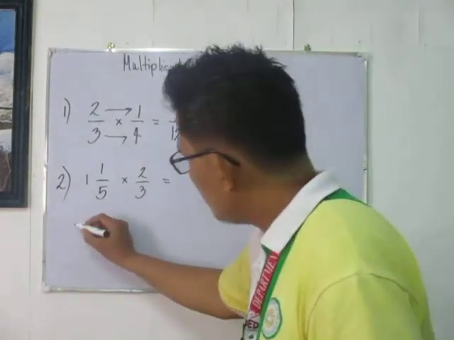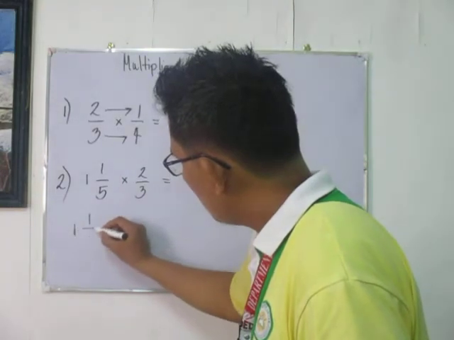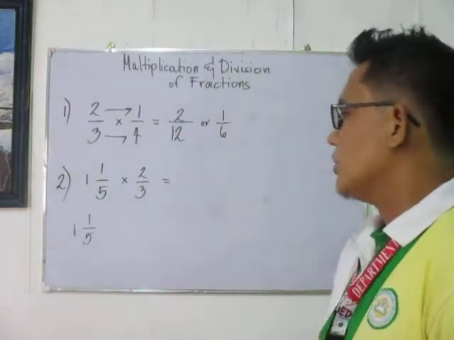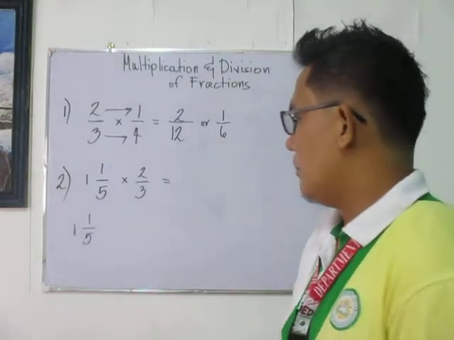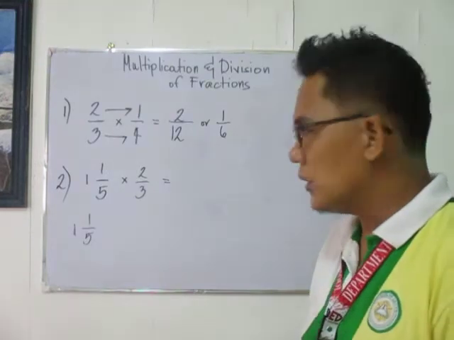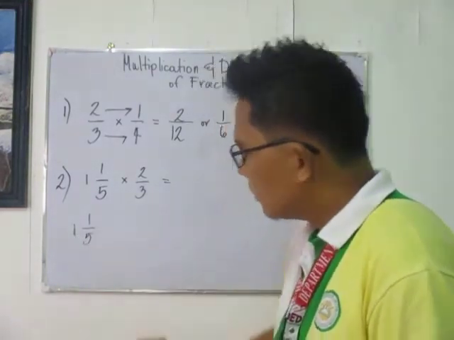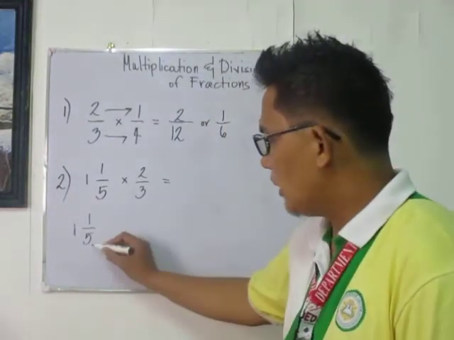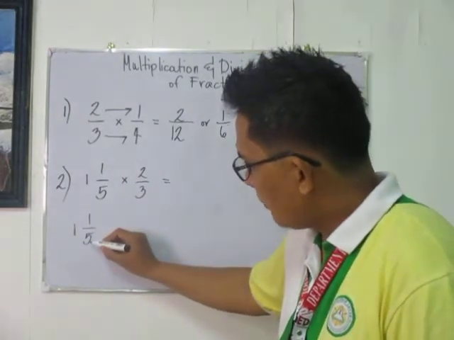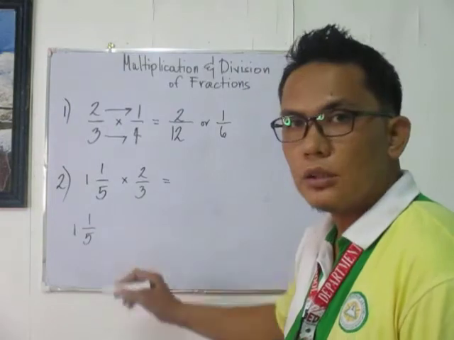I'm going to bring our 1 and 1/5 down to show how we're going to change this into an improper fraction. To change a mixed number into an improper fraction, our whole number 1 will be multiplied by our denominator 5. Then, whatever the product is, we add to our numerator.